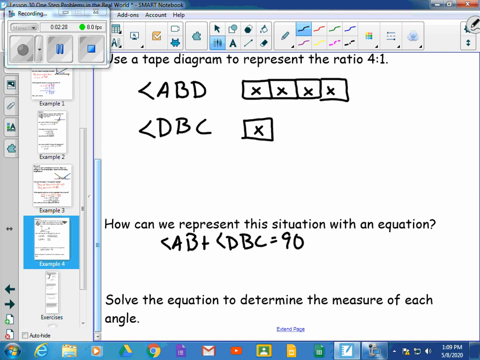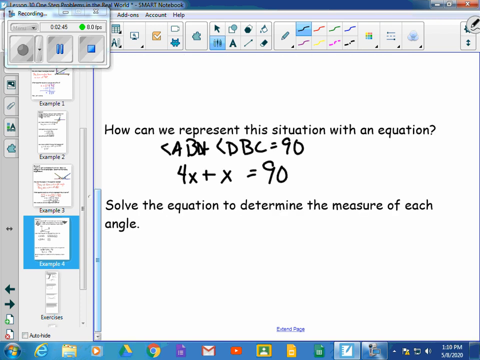Well, angle ABD is 4 of those parts. Angle DBC is only 1 of those parts, but those parts are all going to equal 90 degrees. We can put those parts together since they're like terms, they both end in X, and we can say 5X for those equals 90 degrees.